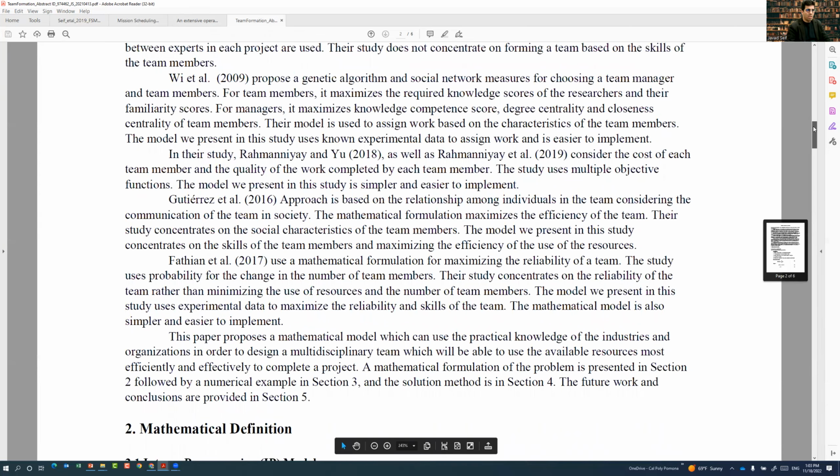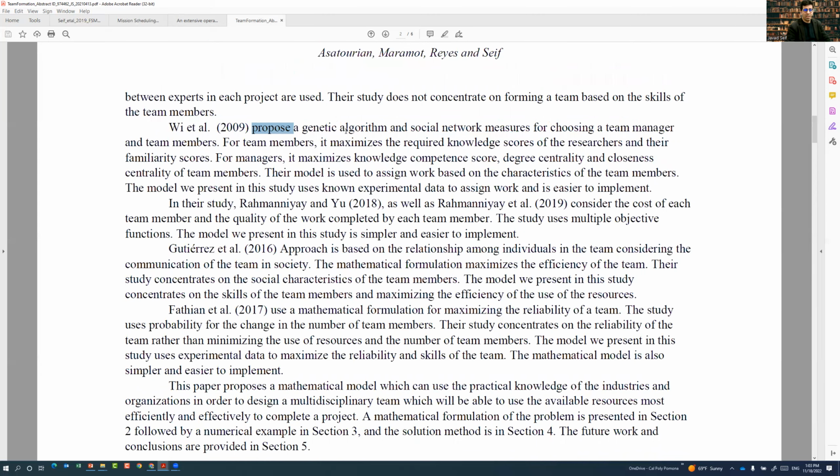But anyway, first we are saying what they did. They proposed a genetic algorithm and social network measures for choosing team manager and team members. And then they essentially did something similar. They're forming a team. And then what's different: the model we present in this study uses known experiments data to assign work. Also, we're making a claim here that it is easier to implement.